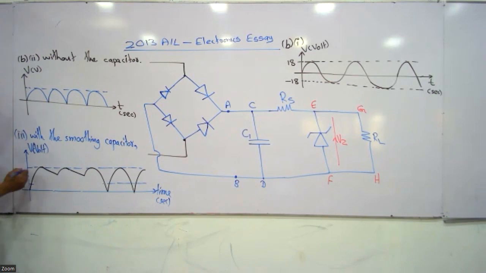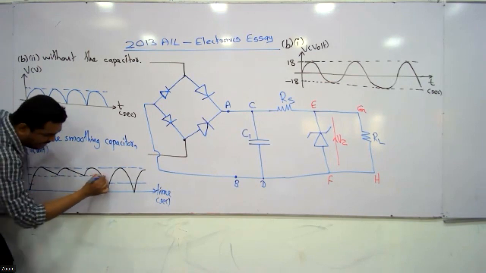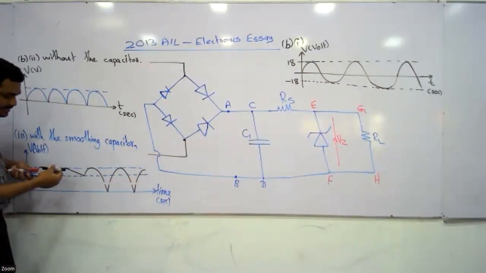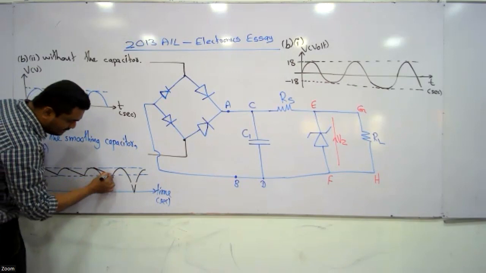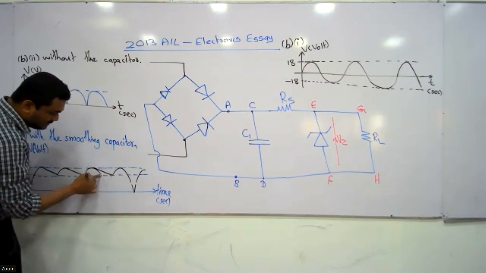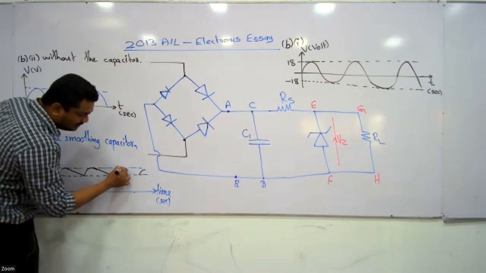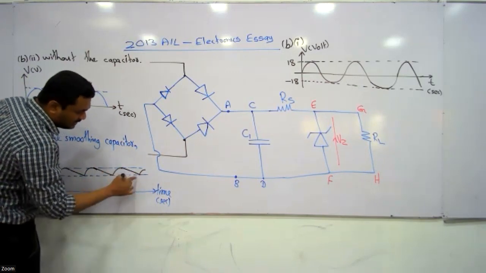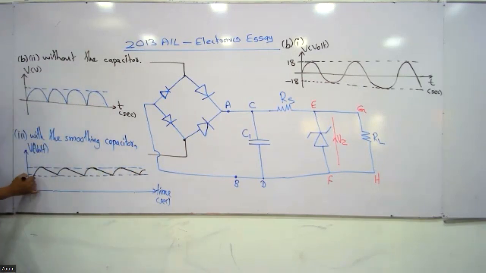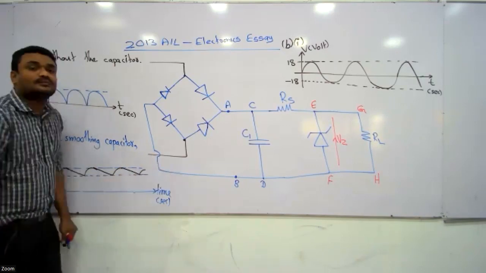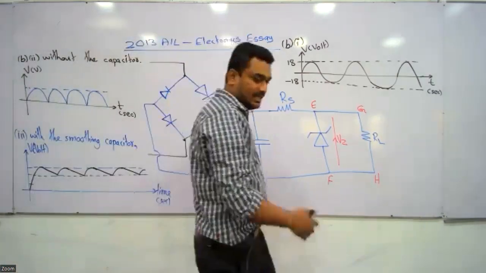That's what happens when a capacitor is connected. When the voltage is again going to drop, the capacitor gives a voltage like this. Right? So same here, there will be a straight line voltage like this. So a curve, straight line, a curve, straight line, and so on. Complete here?